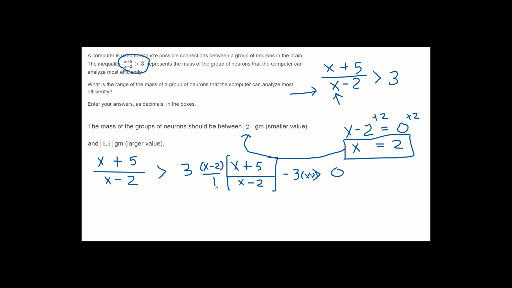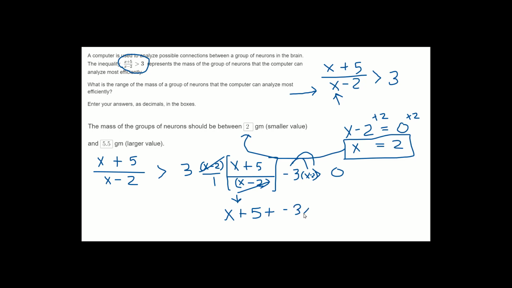Okay, I went ahead and put that over 1 so you could see how this cancels out. The x minus 2 is the denominator. So here we're going to bring that down as x plus 5. And then I'm going to distribute a negative 3 to the x in that binomial and the negative 2 in that binomial. So negative 3 times x, and I'm going to put plus and write that as a negative 3.